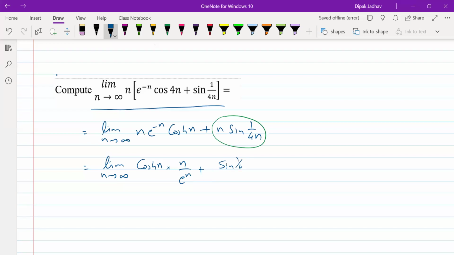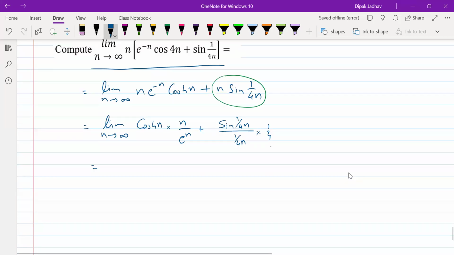Sine 1 by 4n divided by 1 by n. You take this n in the denominator of sine 1 by 4n and then you adjust the angle, and then you split the limit.